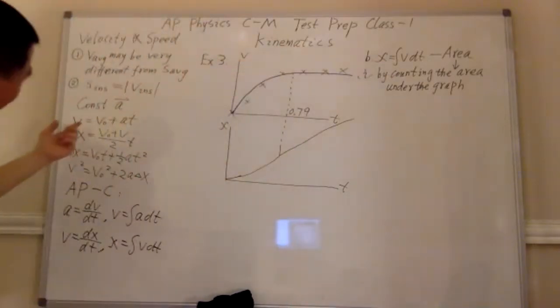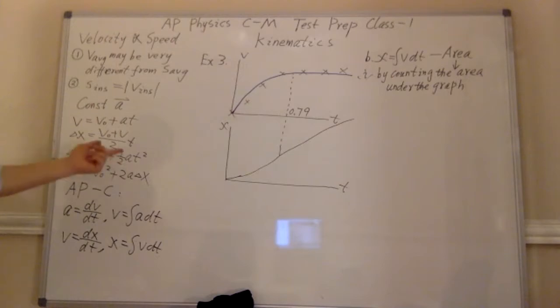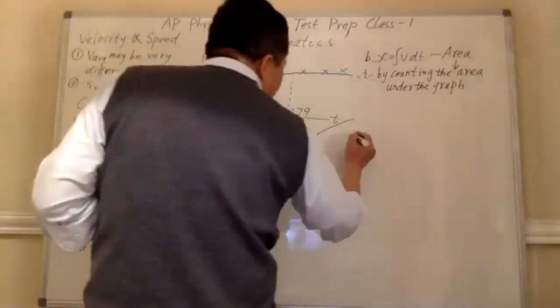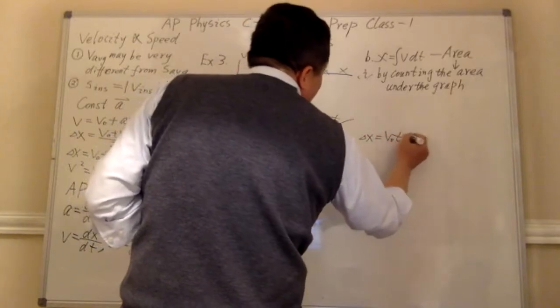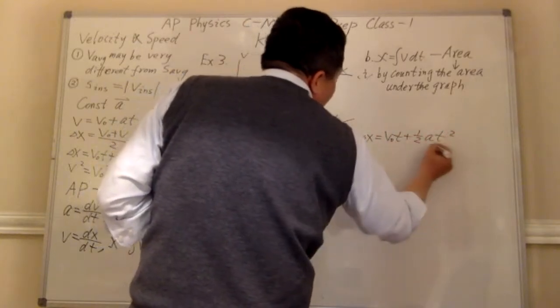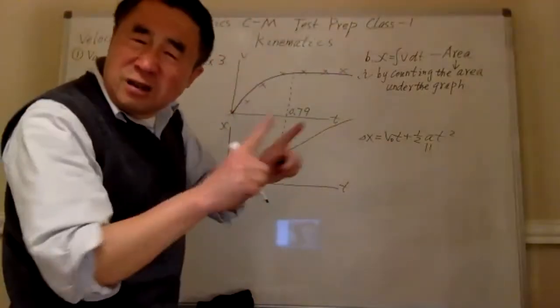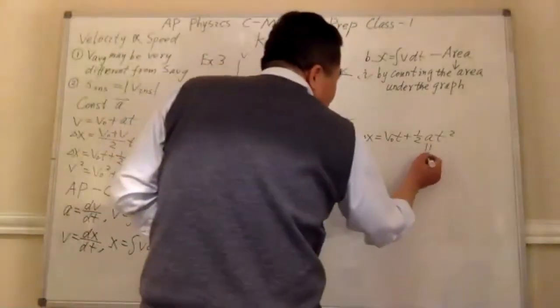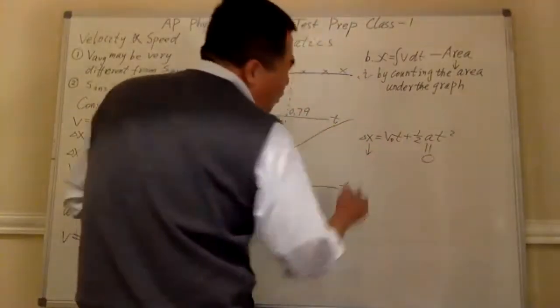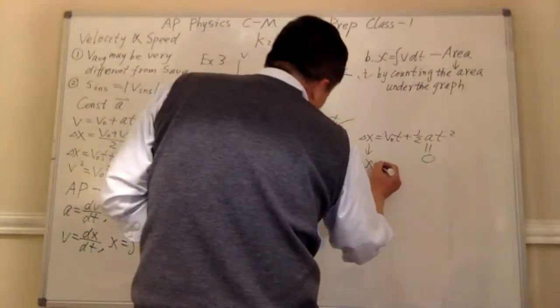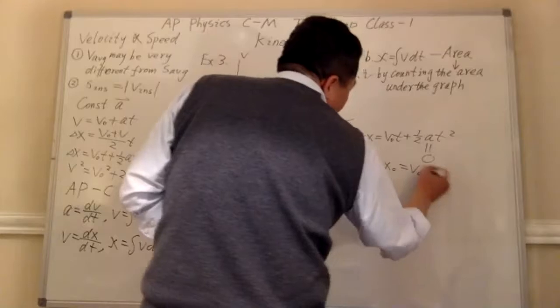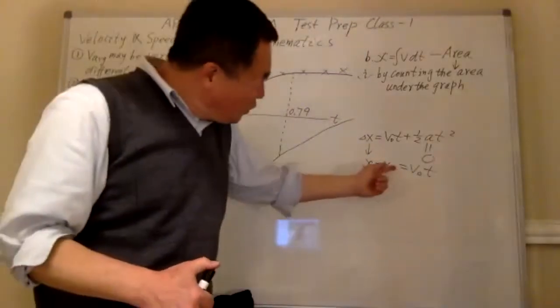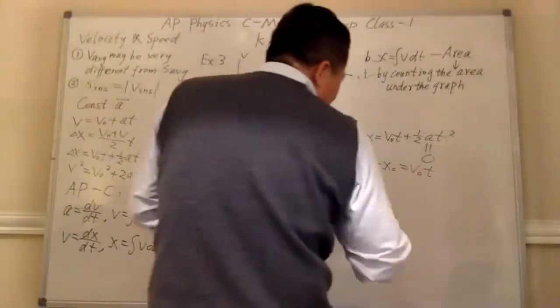If velocity is constant, we need to remember that formula. When the velocity is constant, acceleration equals 0. So my delta x equals v naught t plus a half a t squared, and with a equal to 0, delta x is x minus x naught, equal to v naught t. So x versus t will be a straight line.